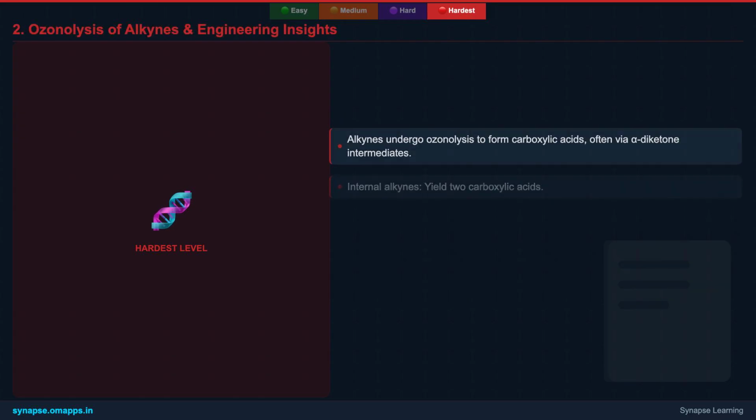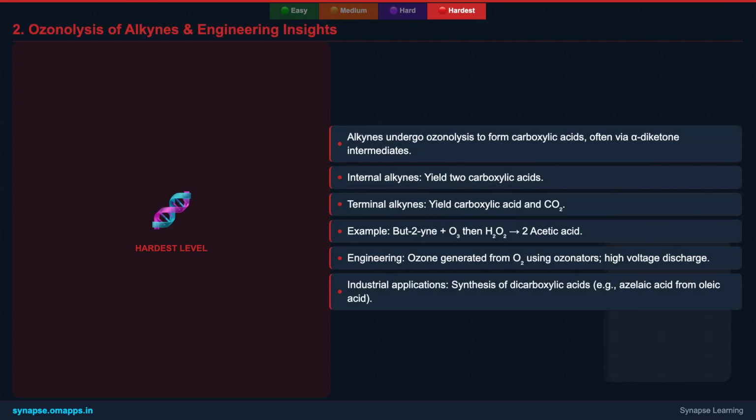While we primarily focus on alkenes, ozonolysis of alkynes also yields interesting products. Unlike alkenes, which yield carbonyl compounds, alkynes typically undergo ozonolysis to form carboxylic acids. The initial product is often an alpha-diketone, which then undergoes further oxidation, especially under oxidative workup conditions, to yield carboxylic acids.